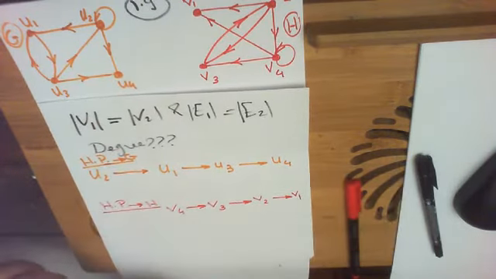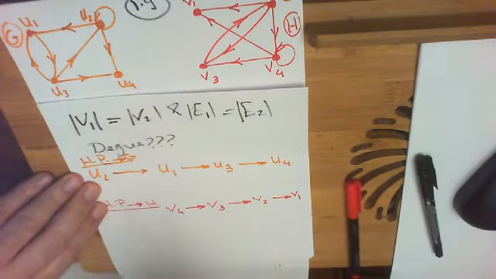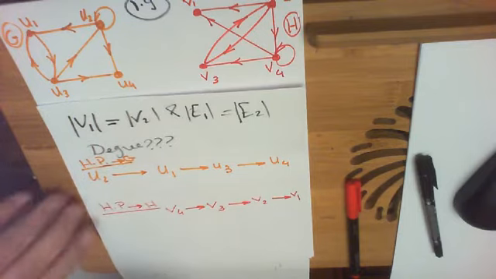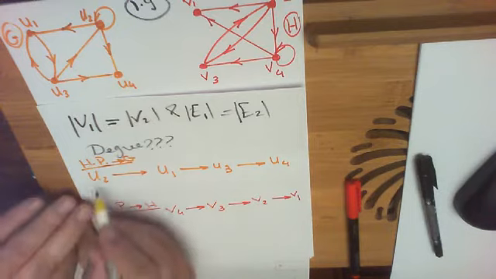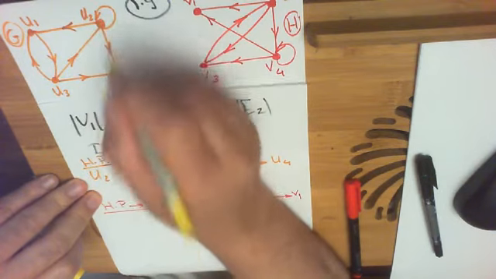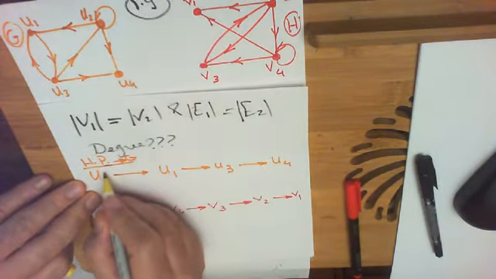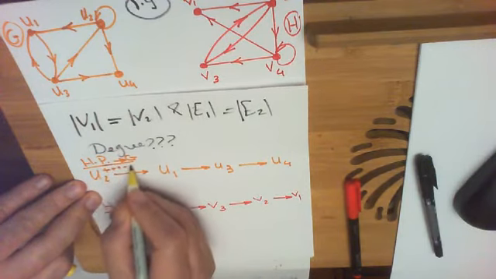Now, what about the degrees? These are digraphs, so we have in degree and out degree. For in degree we refer to it by minus, and out degree by plus. For U2, as you see, 3 out, 2 in.